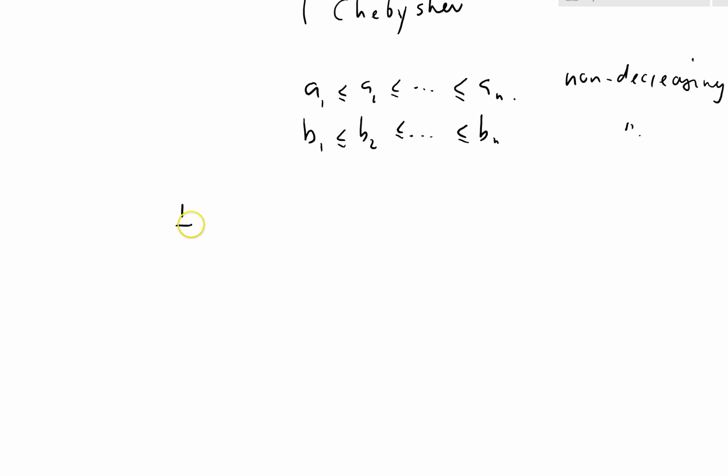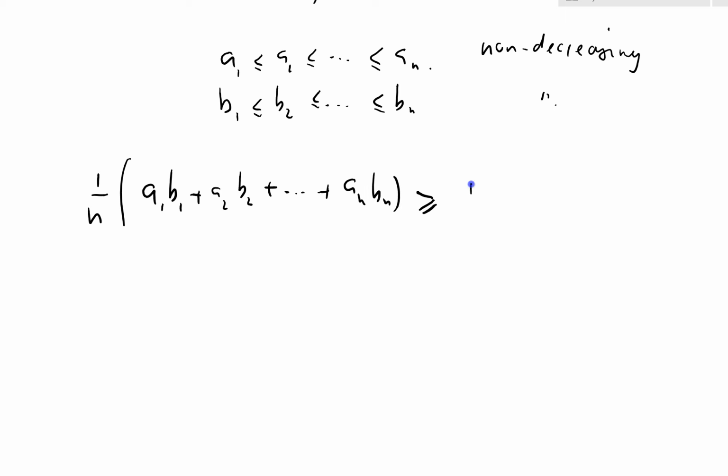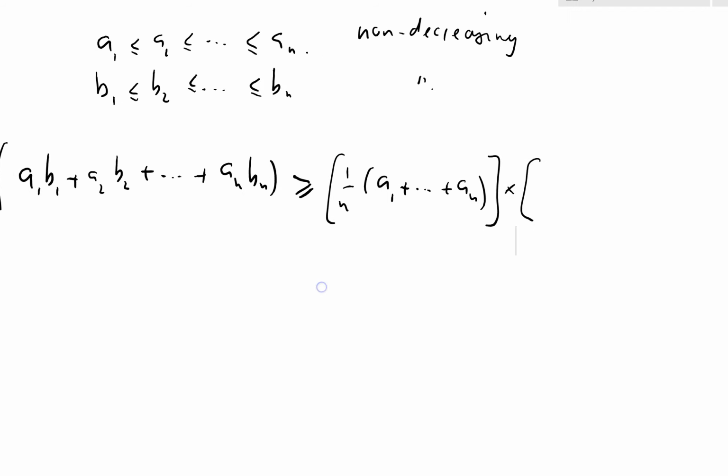The inequality says 1 over n times (a1b1 plus a2b2 plus ... plus anbn) is greater than or equal to 1 over n times (a1 plus through an), times 1 over n times (b1 plus all the way through to bn).